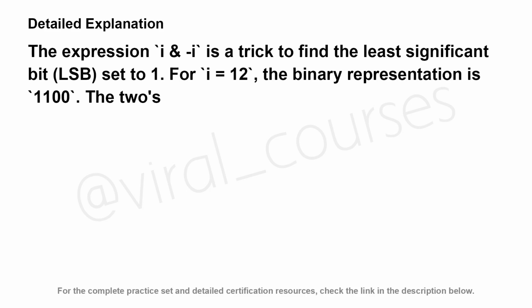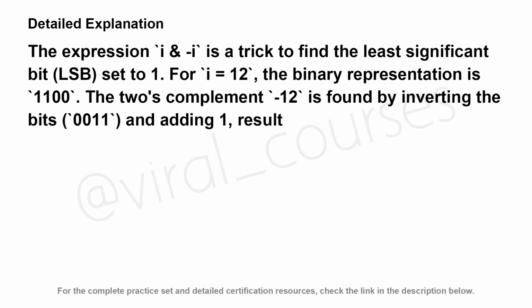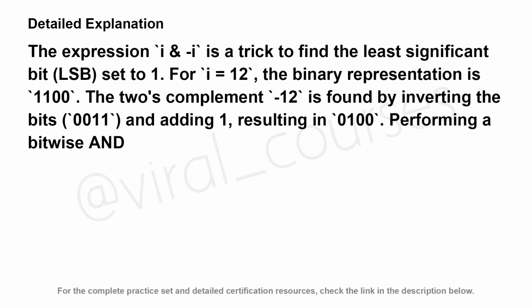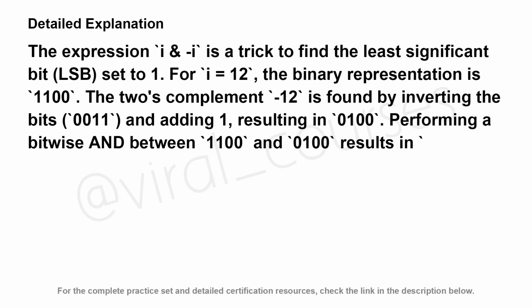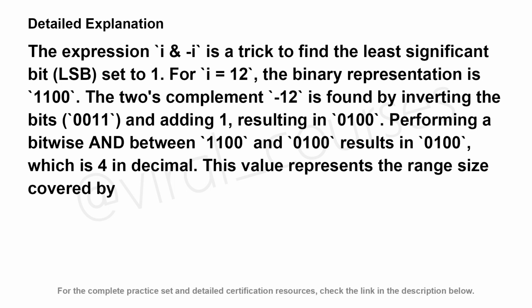The 2's complement, minus 12, is found by inverting the bits, 0011, and adding 1, resulting in 0100. Performing a bitwise AND between 1100 and 0100 results in 0100, which is 4 in decimal. This value represents the range size covered by index 12 in a Fenwick tree.